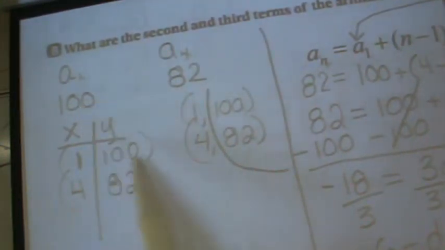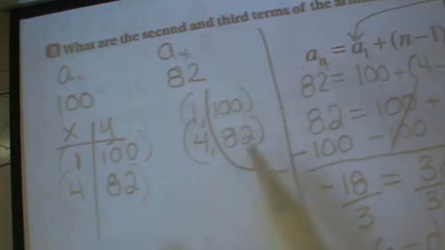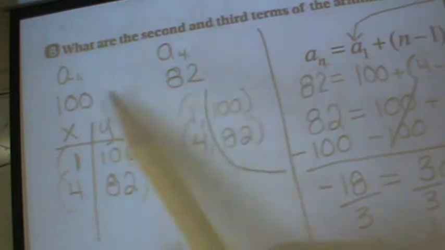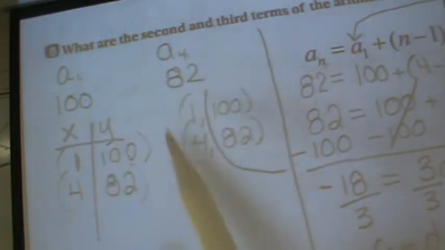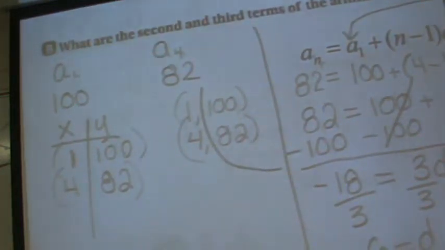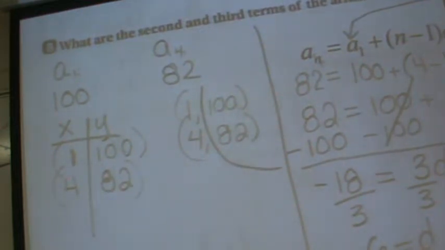So 100, 482. And then do your change of y, so it's the difference of these, that's your y, remember these are your y values, over the difference of the terms. Does that make sense? That's your d value. Now be careful, because sometimes the numbers go up, sometimes they go down. Got it?